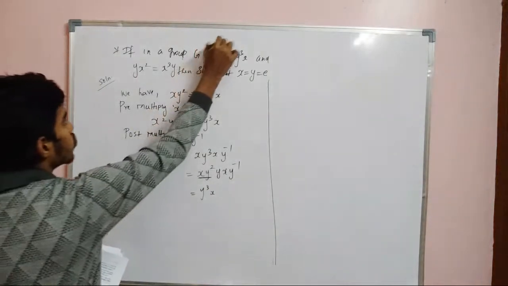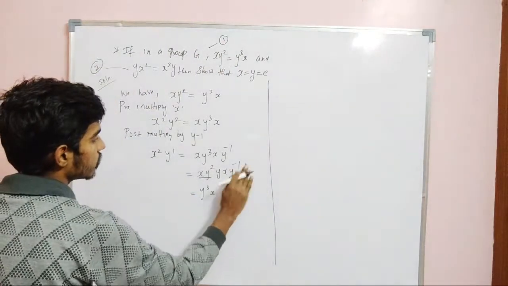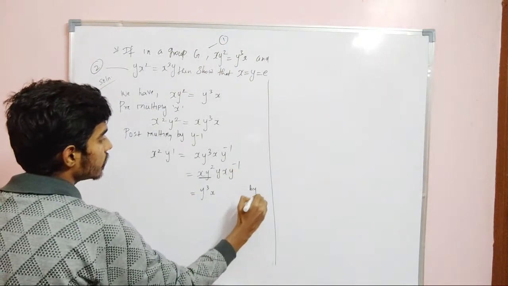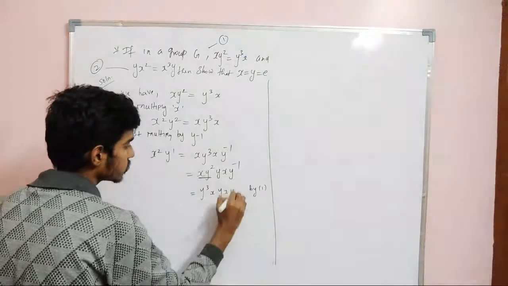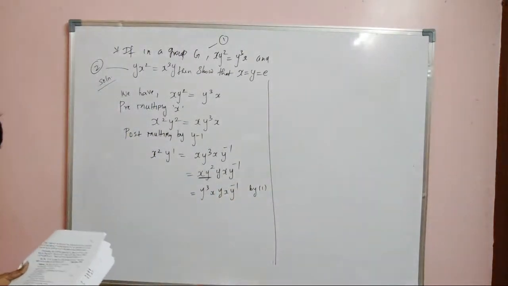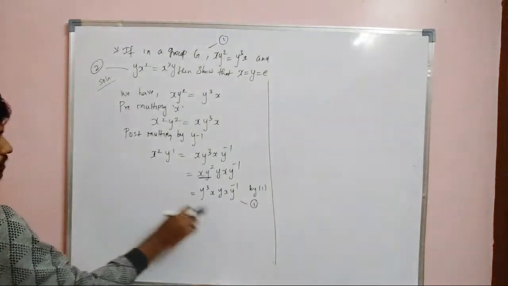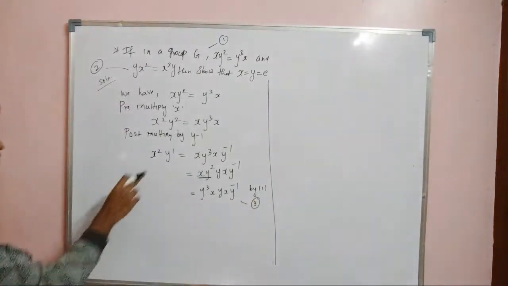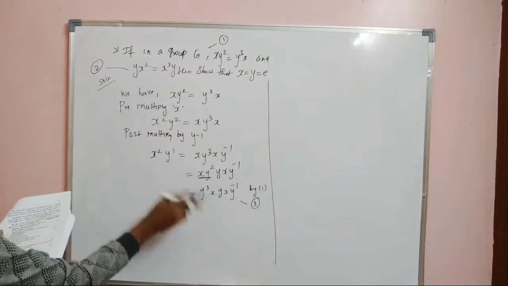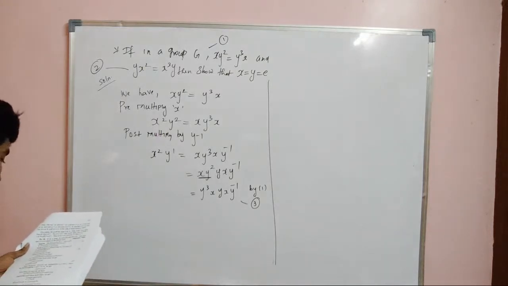Let us say this is 1, this is 2. I am replacing x y square is equal to y cube x, y x y inverse. We will mark this as equation number 3. So we have x square y is equal to y cube x y inverse.